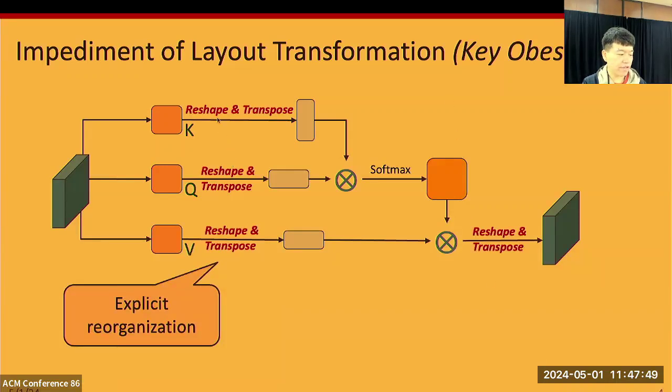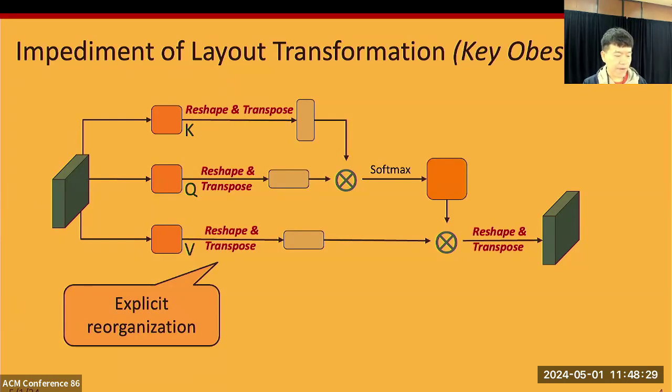As shown here, when we get some high-dimensional tensor, we need to transpose or reshape it to some shape which the succeeding operator can handle. For example, convolution can process 4-dimensional data, and matrix multiplication can take 2 or 3-dimensional data. Before we connect these 2 operators, we need explicit data reorganization, like reshape and transpose. So this is the first category.